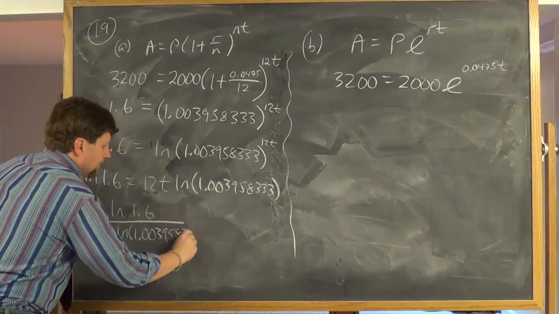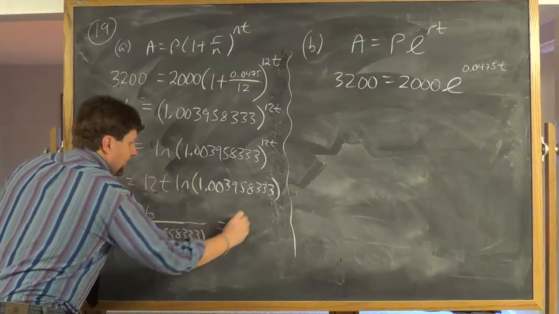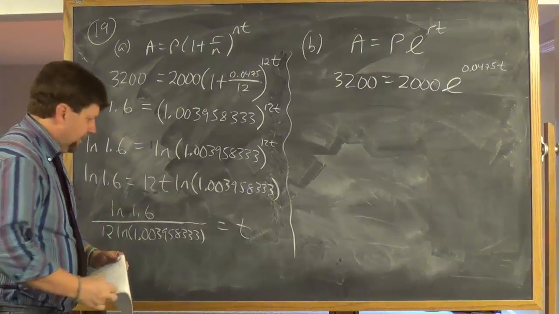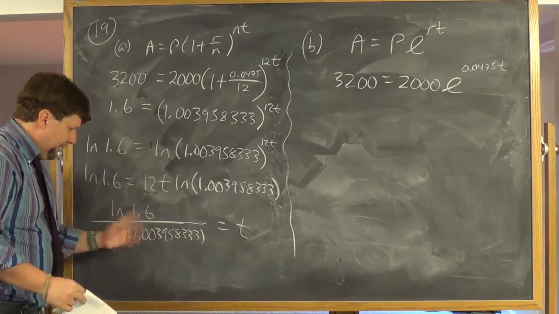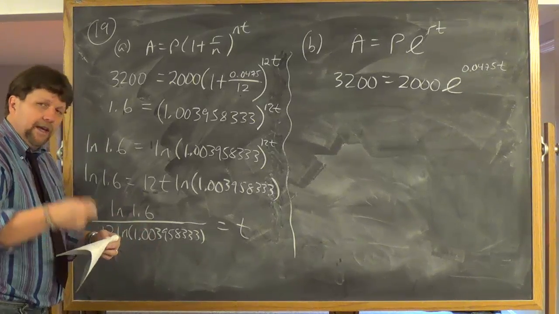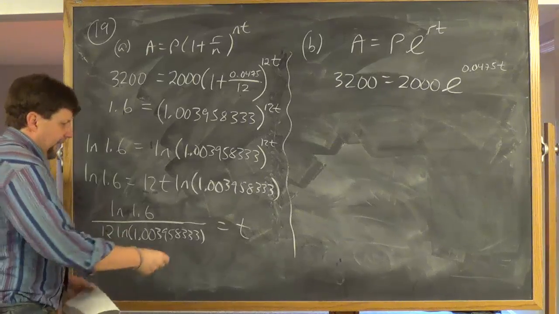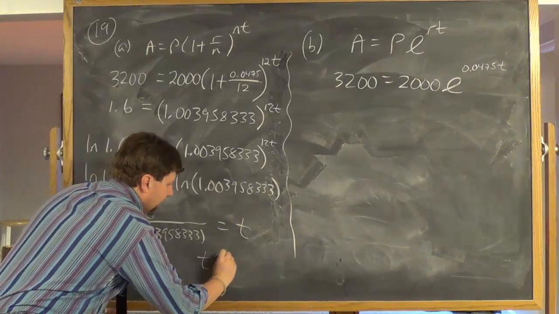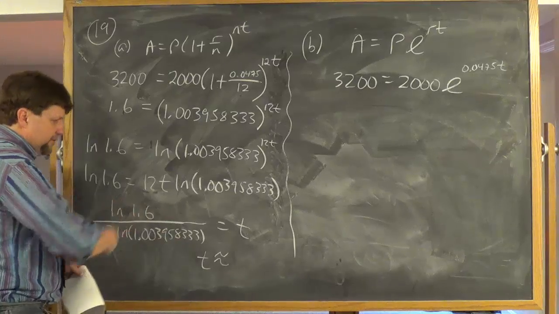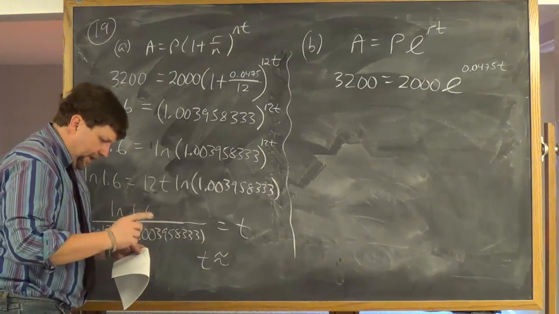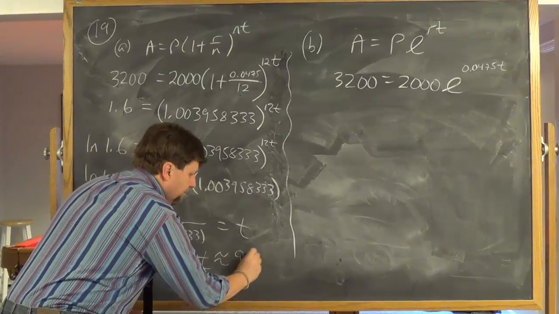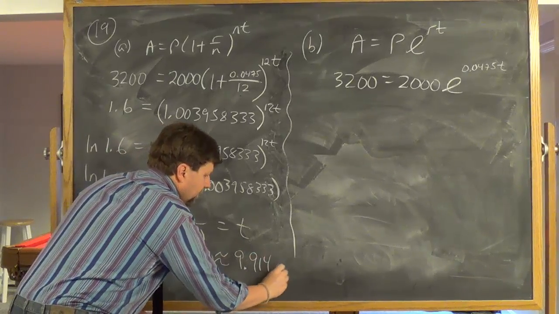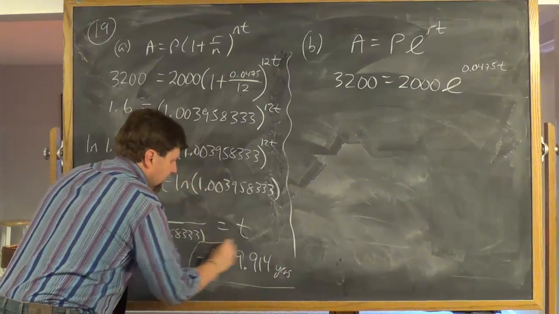I mean, look at that ugly number. That's what t is. That's actually the exact value for t. But why don't we use our calculator and get a decimal approximation now? And this is where we will round. If we crank this through the calculator correctly, we get t to be pretty close to 9.914, and that would be years.